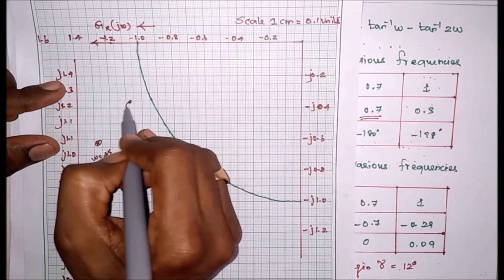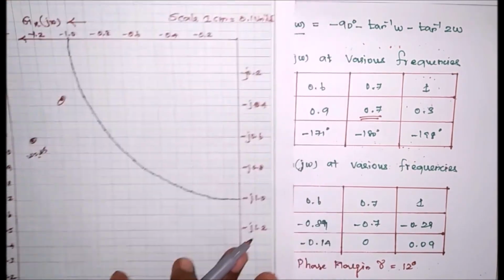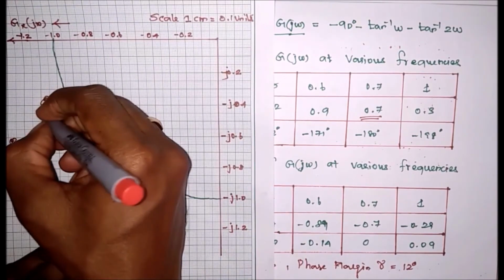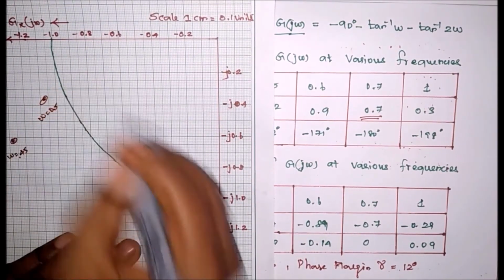This is the corresponding point at omega equal to 0.5.